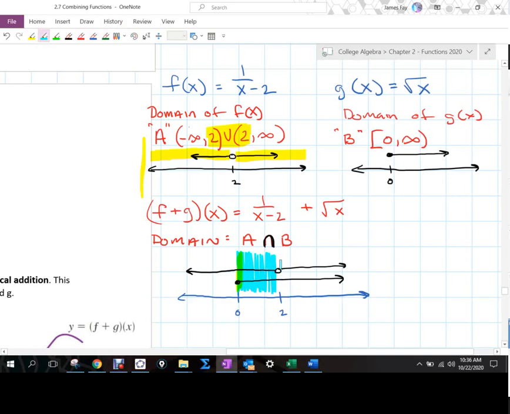So I jump over 2, and are they overlapping all of this region? Okay, so how do we write that? Good. Okay, so that then is the domain of f plus g.